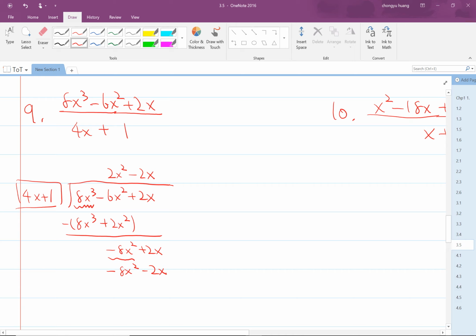Okay, so now we want to cancel everything. We have negative 8x squared plus 8x squared equal to 0. And then we have a positive 2x plus 2x equal to 4x, right? So it's equal to 4x.